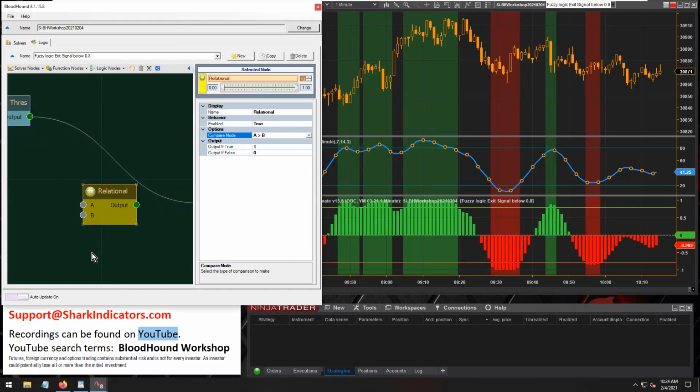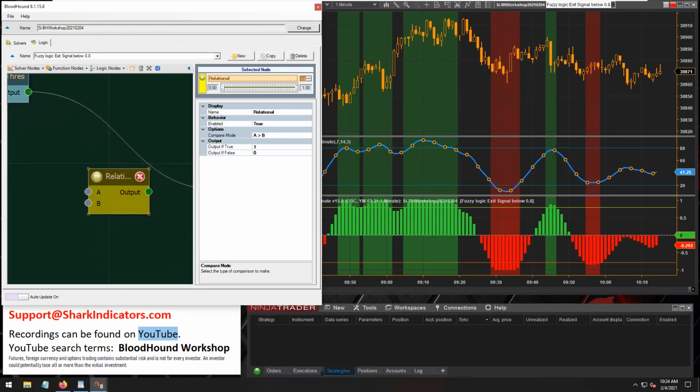If we zoom in here, we can see there's an input A and an input B. And so we can do all of these types of comparisons here. There's even a very simple math formula. You can do A minus B, B minus A, or the absolute of A minus B as well.